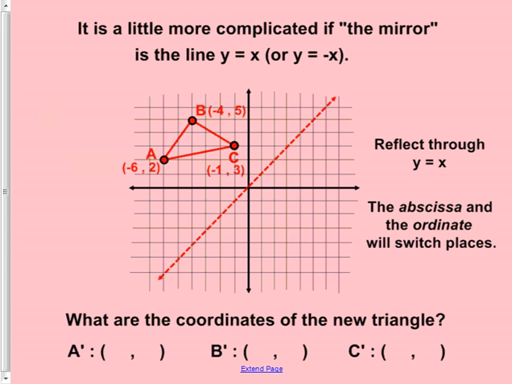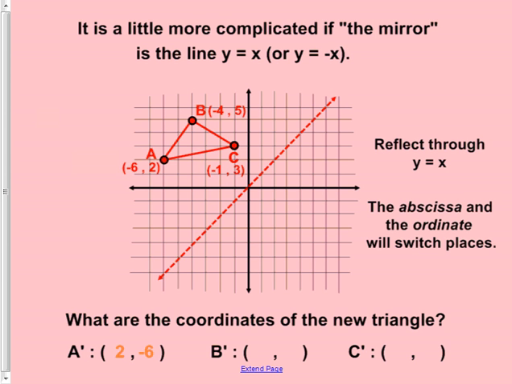Okay, so point A is at -6, 2. So where is that going to put A prime? Now remember, since the reflection is through y equals x, the abscissa and the ordinate switch places. So instead of -6, 2, A prime will be at 2, -6.